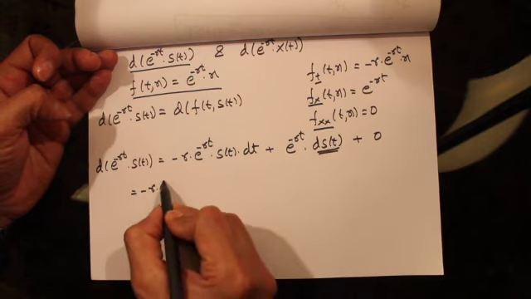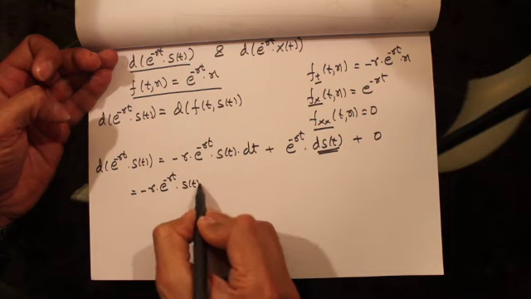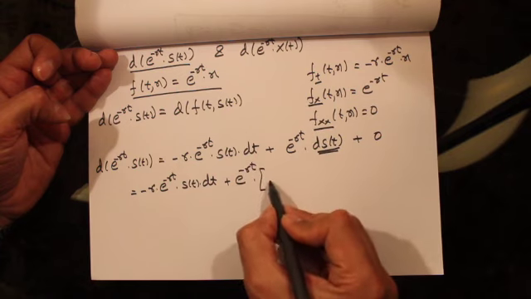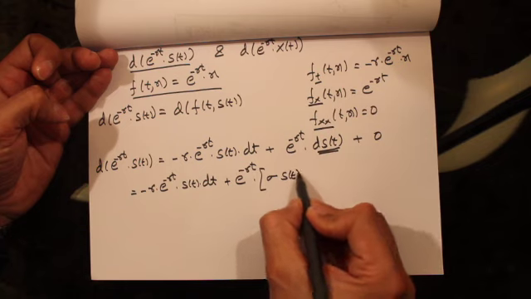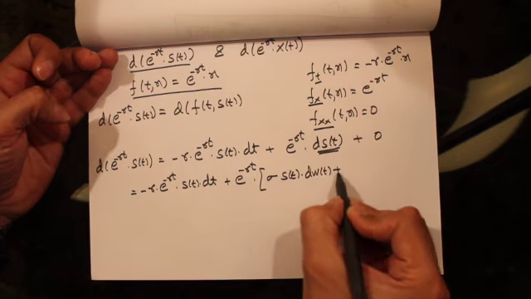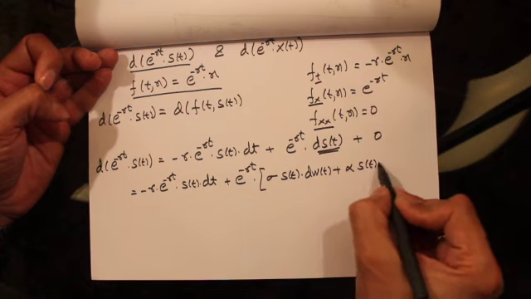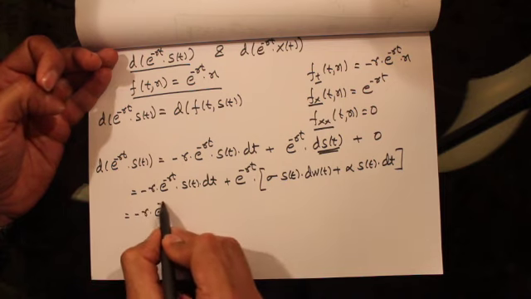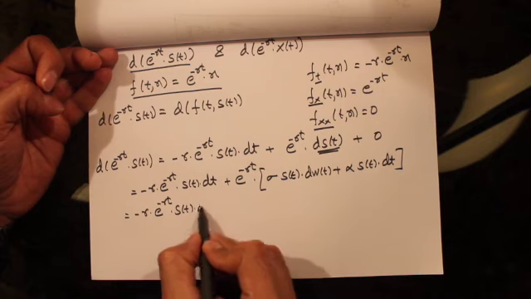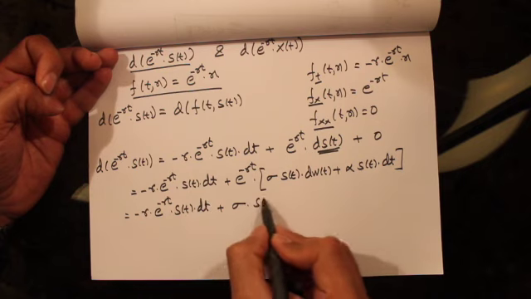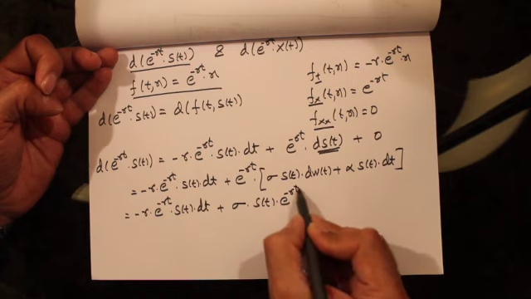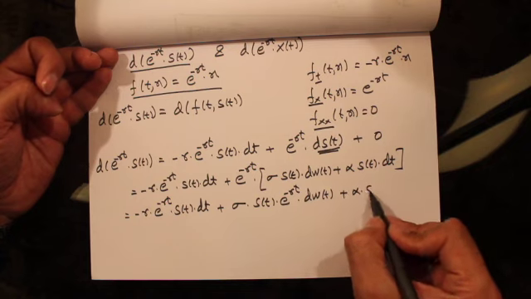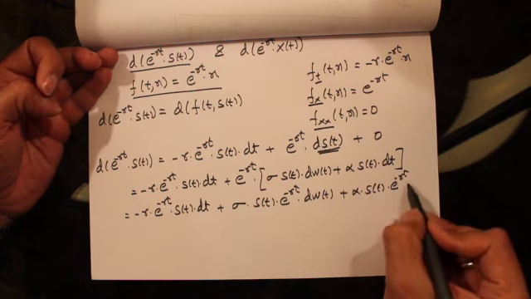We can write this as −r e^(−rt)S(t)dt + e^(−rt) times, instead of dS(t), σS(t)dW(t) + αS(t)dt.